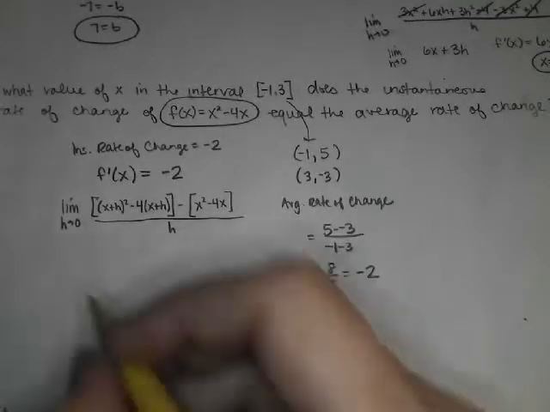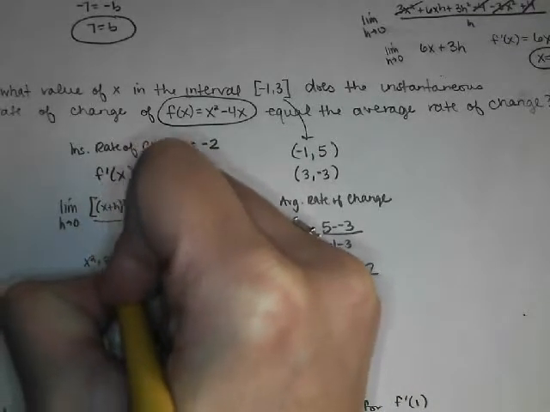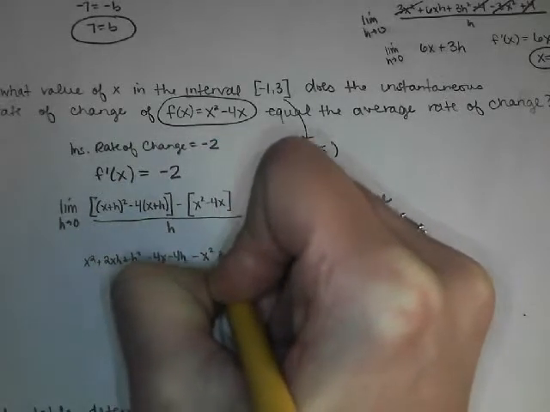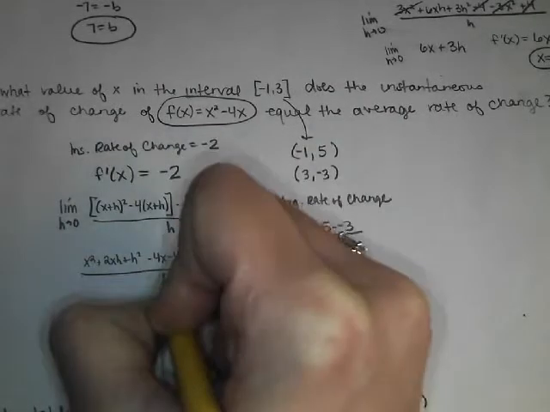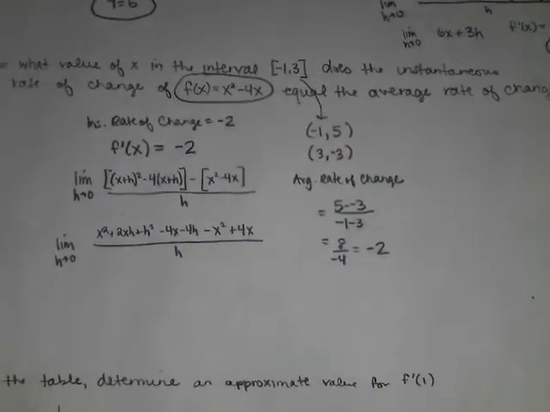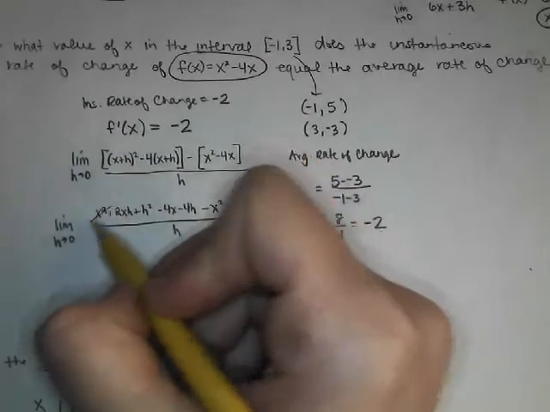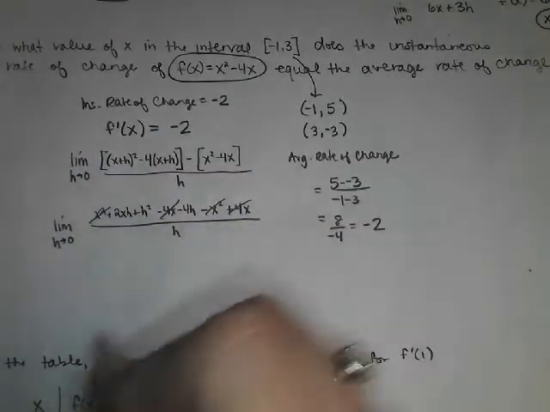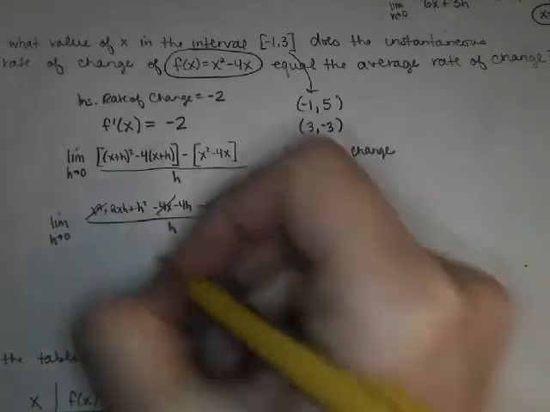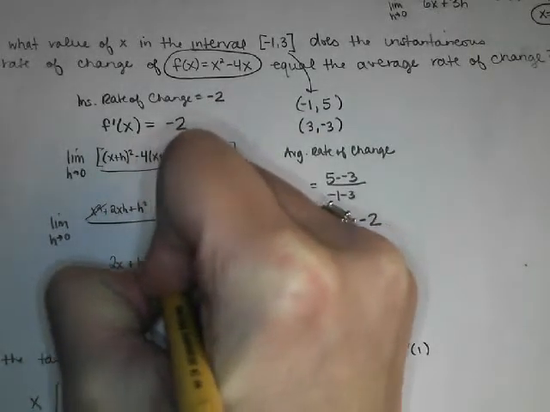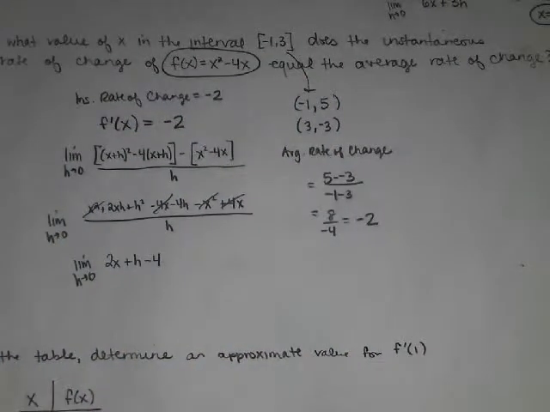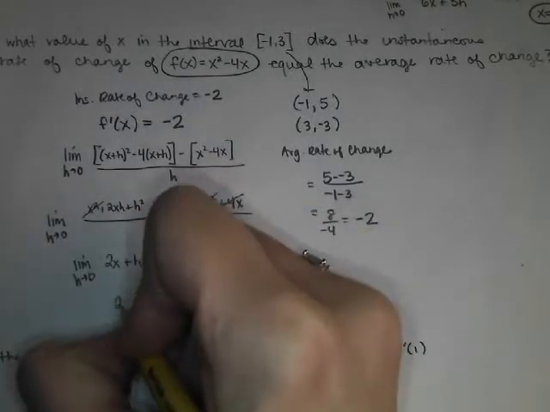You're distributing, combining everything, and then dividing by h. So your simplifying is done. Evaluate the limit now. You get 2x minus 4 is your derivative.